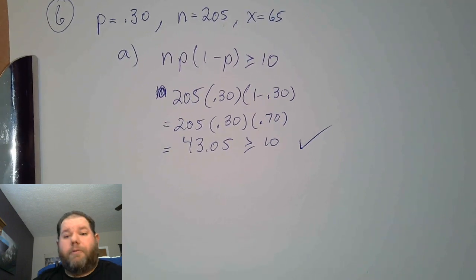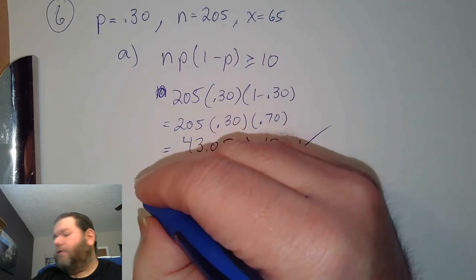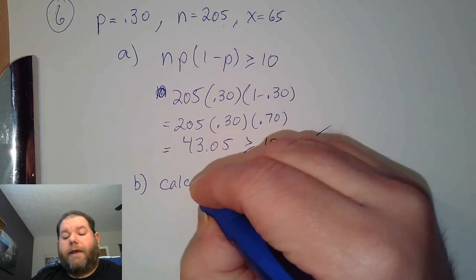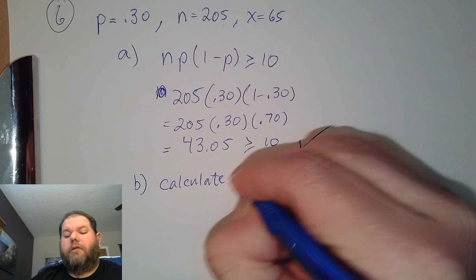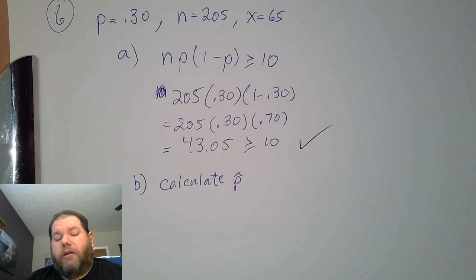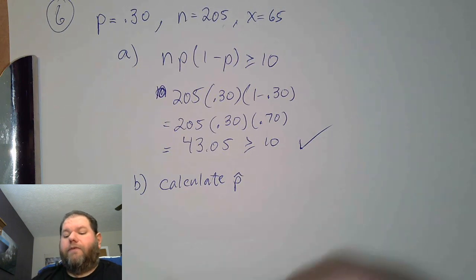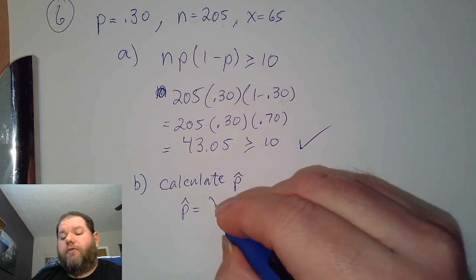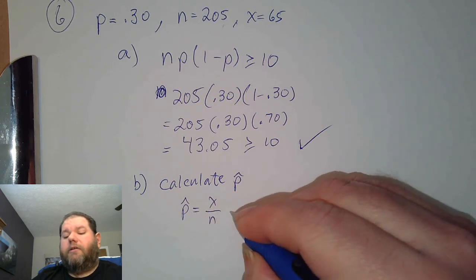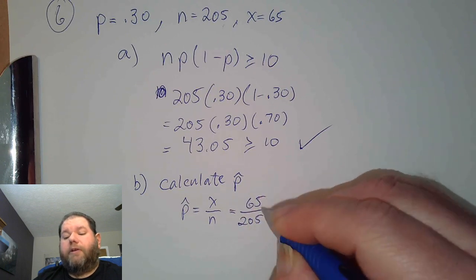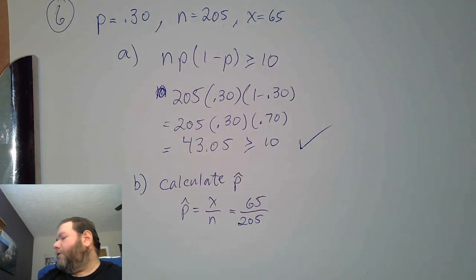That's all we need to do on part A. Now for part B, it says calculate the value of p hat. Now for p hat, we know the formula. This is our sample proportion. The formula is x divided by n. So we got 65 divided by 205. That was given to us in the problem up here.